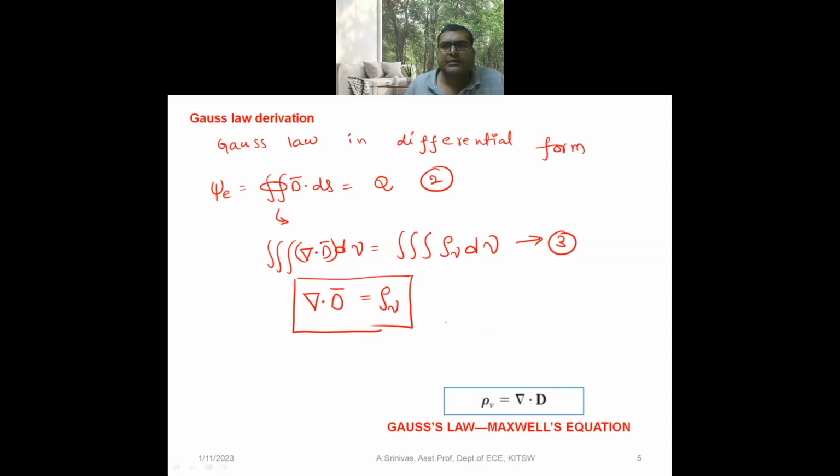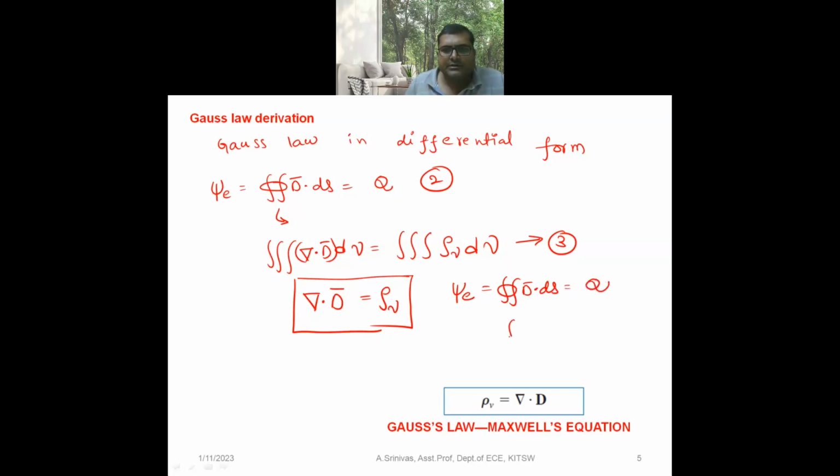and you have to make a note regarding the definition of Gauss law. That is, the electric flux is equal to the closed surface integral of D dot dS, which is equal to the electric charge.